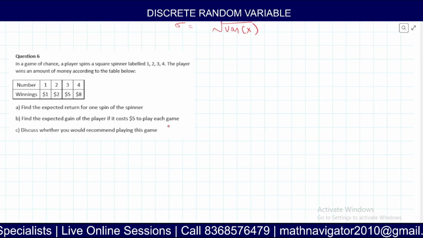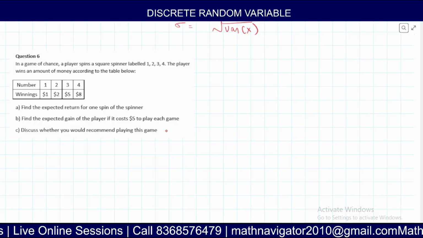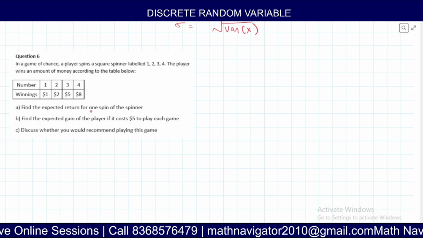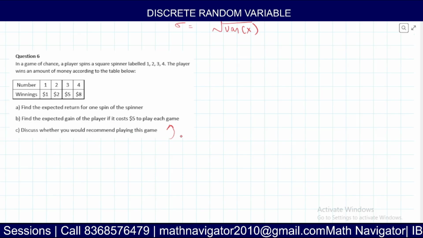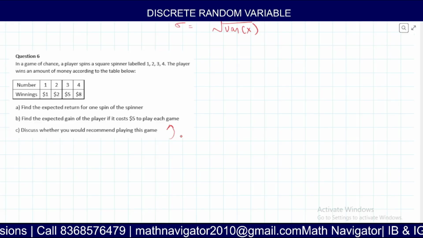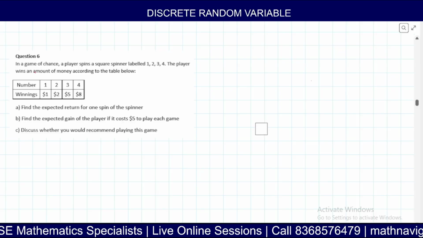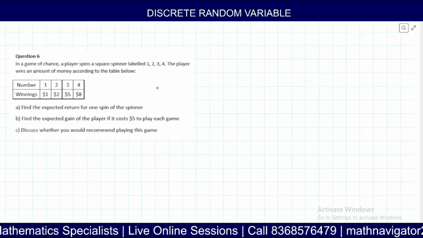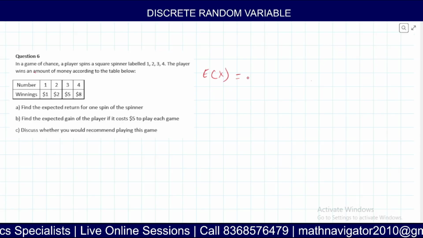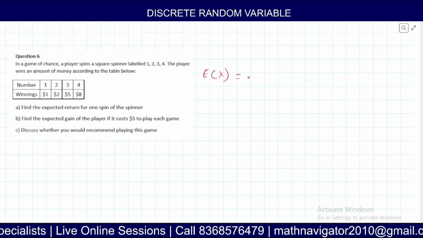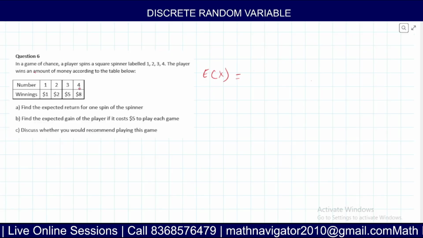And in order to play this game, each time the person has to pay $5. So let's calculate. So expectation of X, that is what I am expecting from this game. So in this we need to take the probability, not 1, 2, 3, 4.